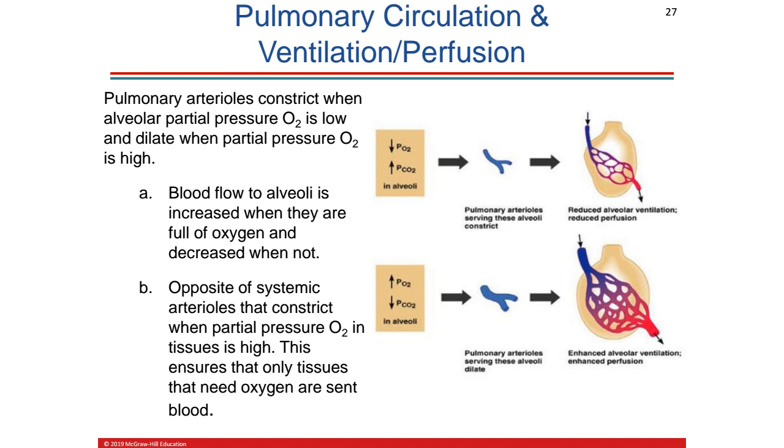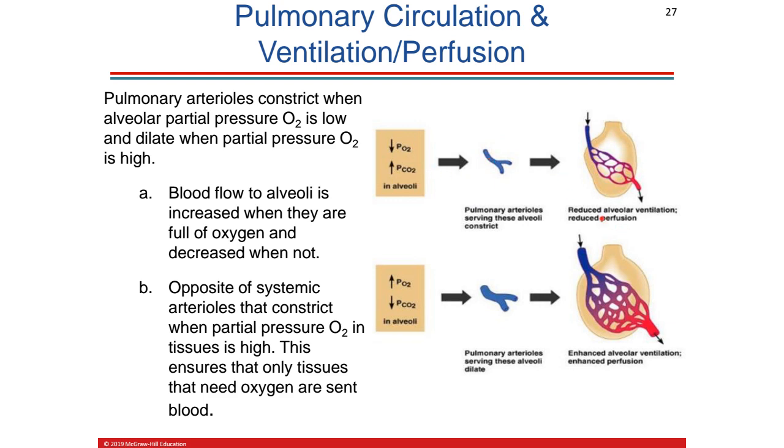So if the PO2 is low and the PCO2 is high, this means that there may be poor ventilation of that particular alveolus. Perhaps there's not enough fresh air getting to it. So in this situation, when you have low PO2 and high PCO2, the pulmonary arteriole that serves the capillaries going to this alveolus will constrict.